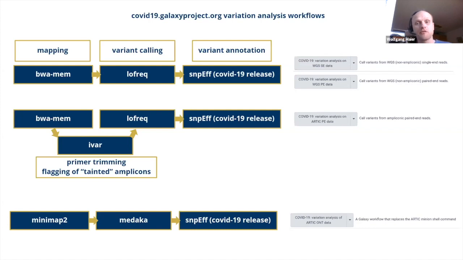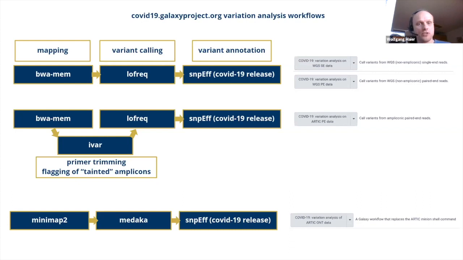We're using LoFreq for variant calling, and that has previously been shown in our project to be an excellent choice for use with viral data. So it has exquisite sensitivity, and number of false positive calls is relatively moderate. It gives you accurate statistical control over your variant calls. So LoFreq is a really good choice here. And then variant annotation is done with SnpEff, specifically with its COVID-19 release, which brings slightly better, more reliable, robust annotation of COVID-19 variants than the mainline SnpEff version.